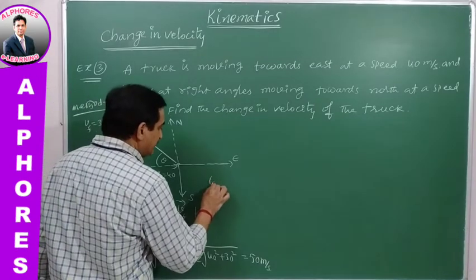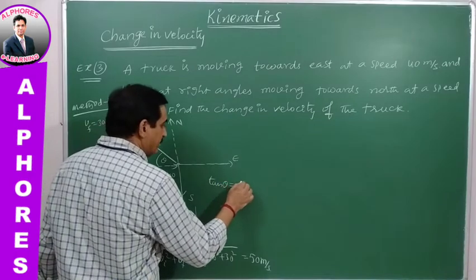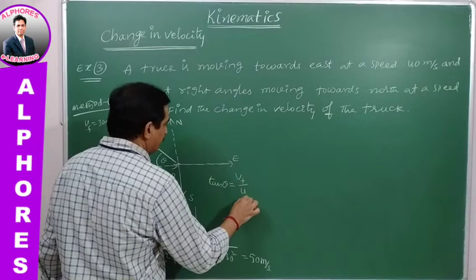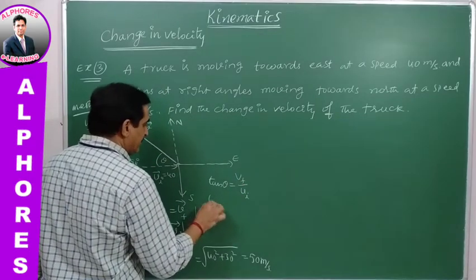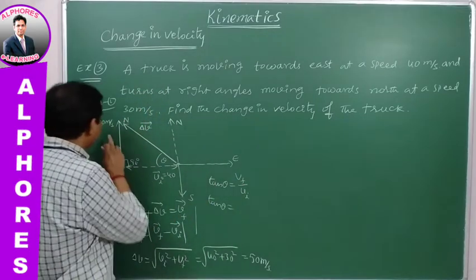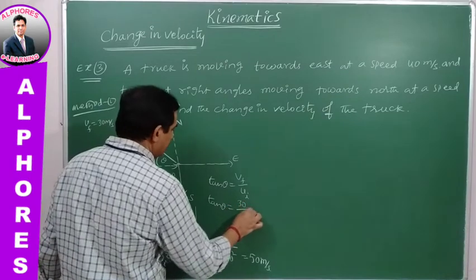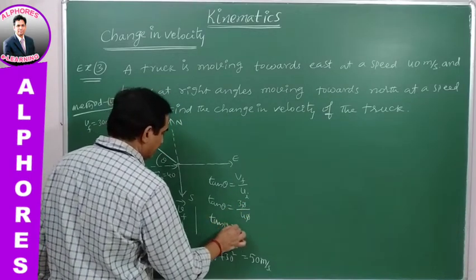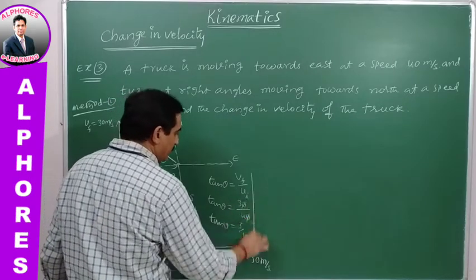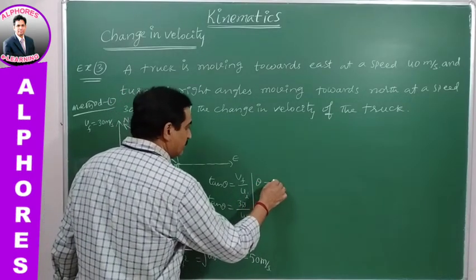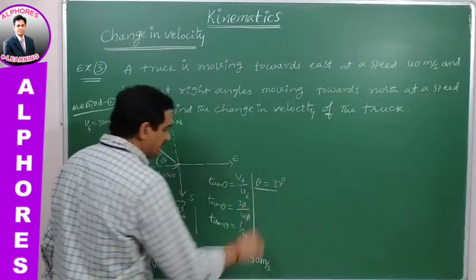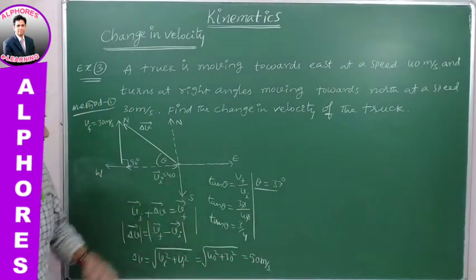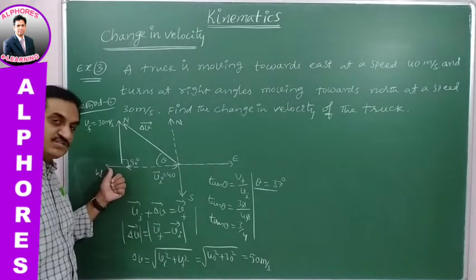Therefore tan theta is equal to Vf by Vi, that is 30 by 40. So tan theta is equal to 3 by 4, and theta equals tan inverse 3 by 4, which gives 37 degree with west.